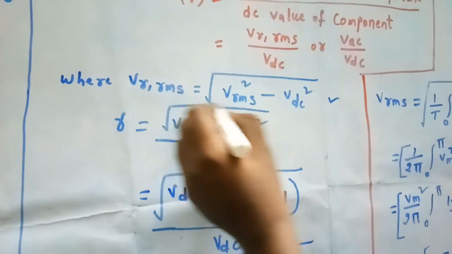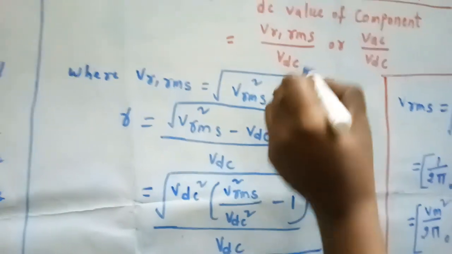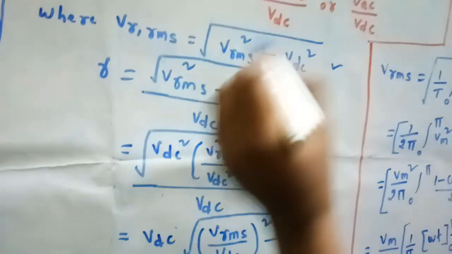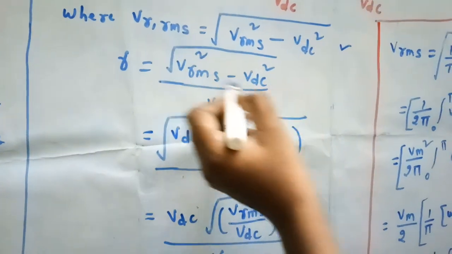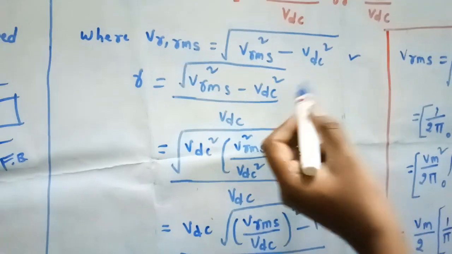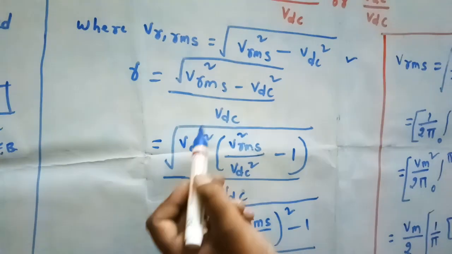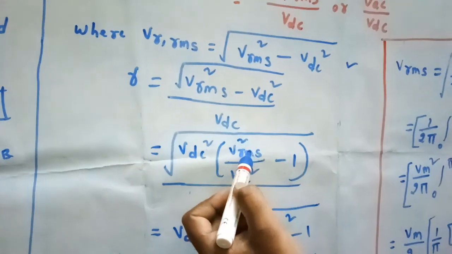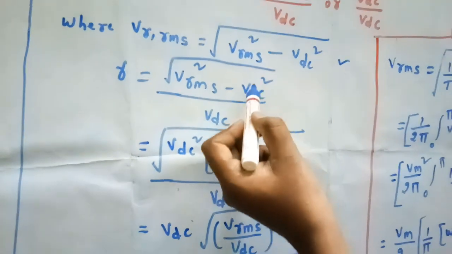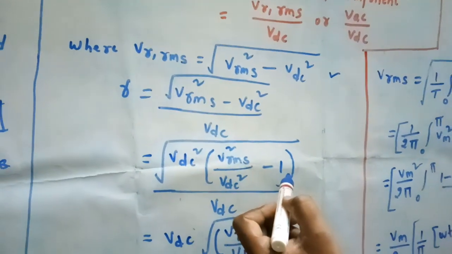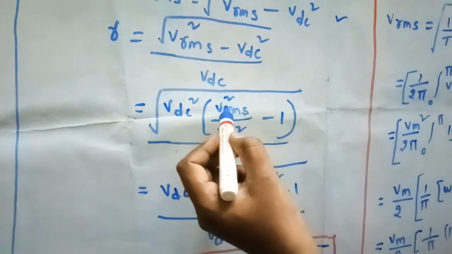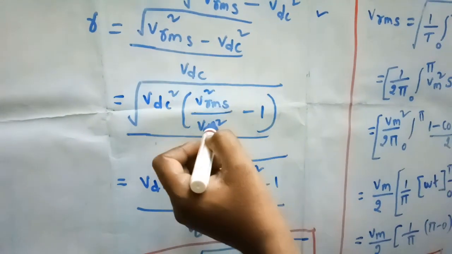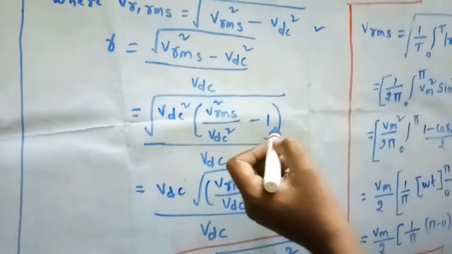In this we substituted V_r,rms in the ripple factor formula. Then in the numerator I am taking VDC square common. Then what do we get? VRMS square by VDC square, and minus 1, because we took VDC square common.